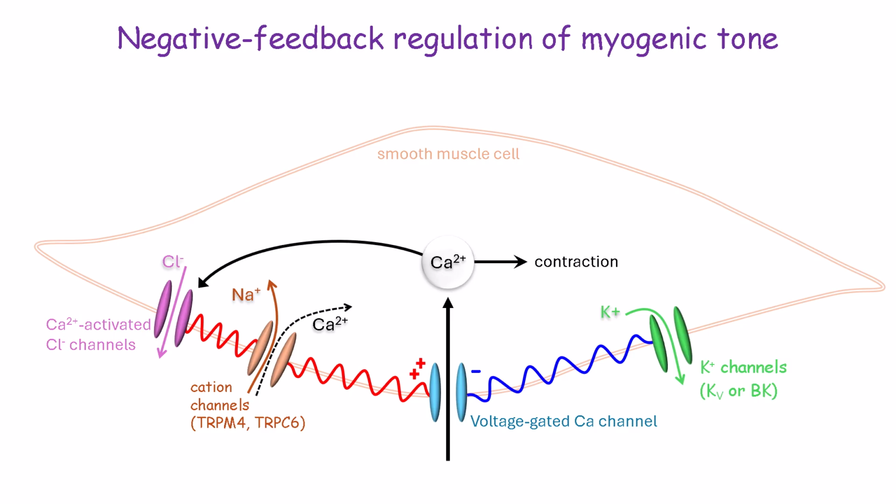The calcium-activated potassium channels, known as BK channels, are also activated by calcium ions, but they need a higher concentration of calcium than is usually reached in the cytoplasm. The sarcoplasmic reticulum acts as a store of calcium and releases it through ryanodine receptors, which are located next to BK channels.